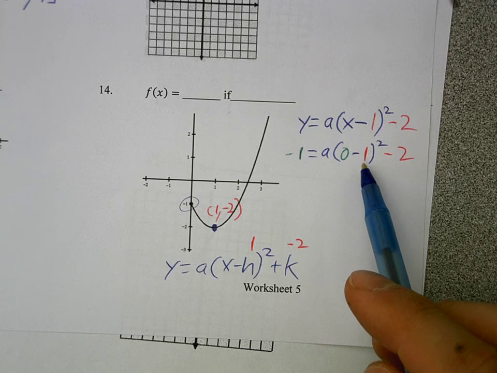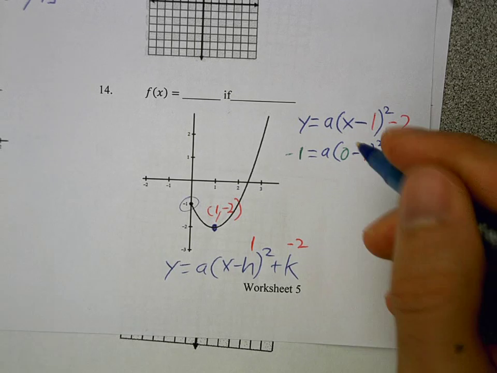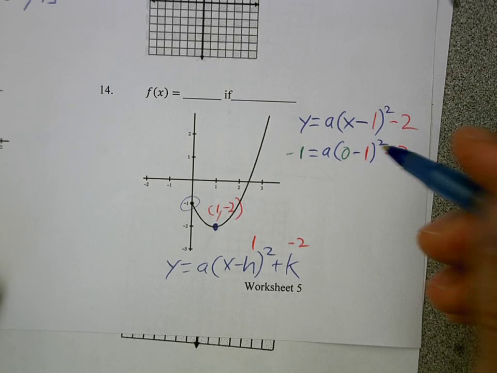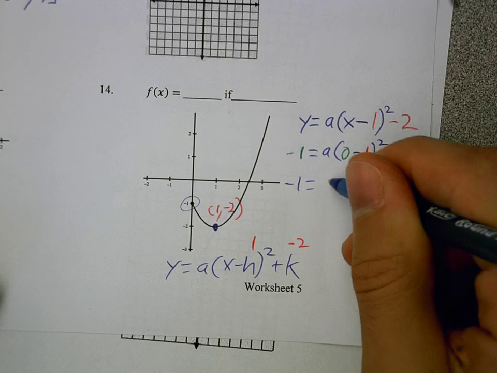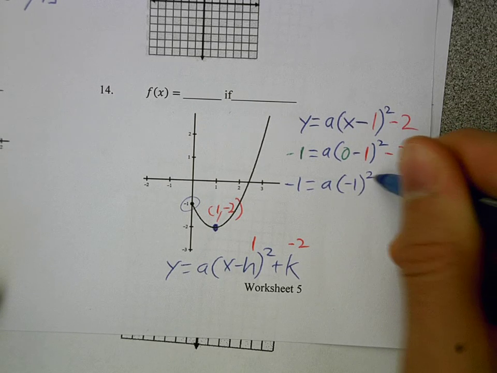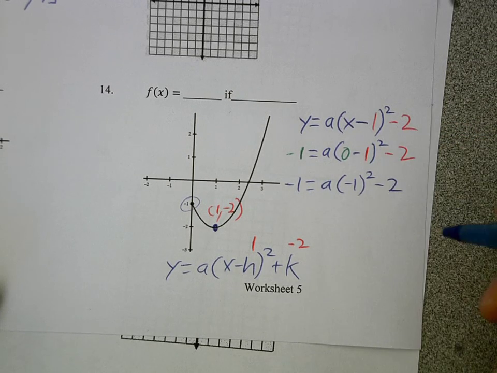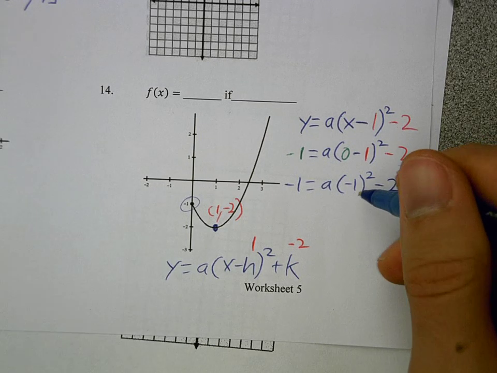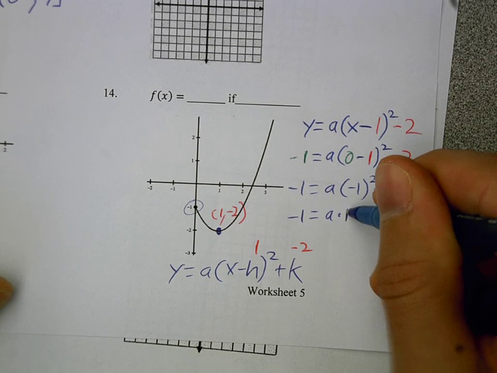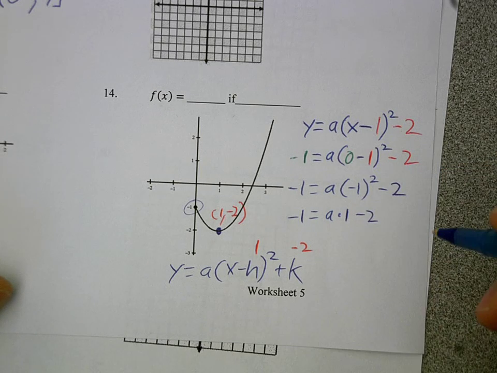0 minus 1 is -1. I'm going to stop the color coding now because we're going to start combining things. It's not going to make sense anymore. So -1 is equal to a times (0 minus 1) squared minus 2. -1 squared is going to be 1. So -1 equals a times 1, minus 2.